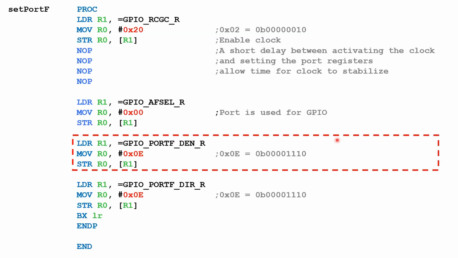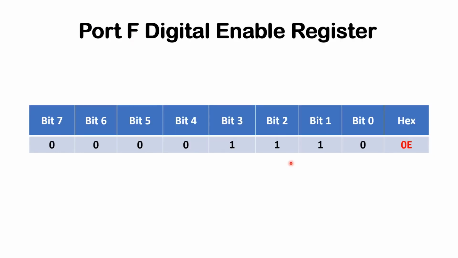Thirdly, we need to enable the digital IO function of port F. So we need to go to the port F digital enable register, and we set these 3 bits, bit 1, bit 2, bit 3 to 1. Together that would be 0E in hex. The reason for these 3 bits is because the RGB LED is connected to these 3 bits.